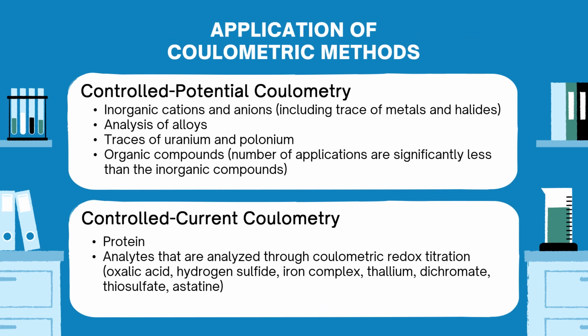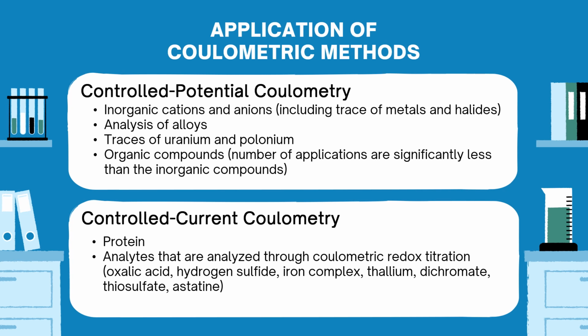So when do we apply controlled potential coulometry and controlled current coulometry? If we were to analyze inorganic cations and anions, including traces of metals and halides, analysis of alloys, traces of uranium and polonium, and organic compounds, we can use controlled potential coulometry. However, the organic application of this method is much less significant compared to the inorganic application.